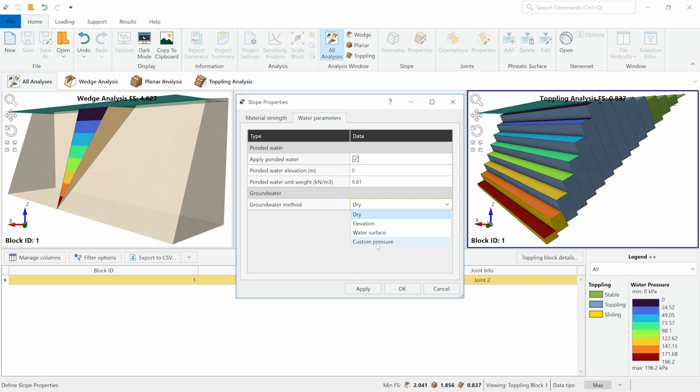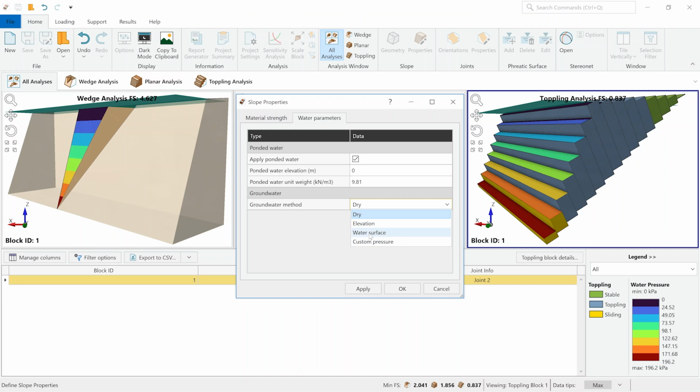And finally, the user can specify water pressure by choosing custom pressure. In this case, it's a constant uniform pressure, which is acting on the submerged portion of the joint surface. And the user can enter a value of pressure which they would want to model on their joint surfaces.